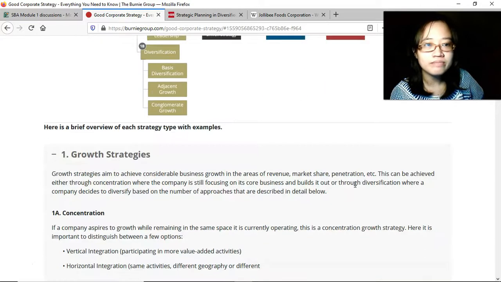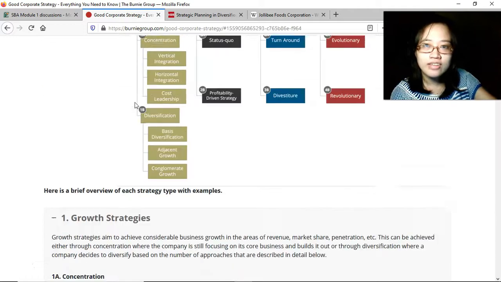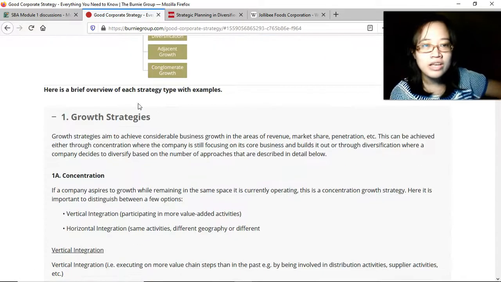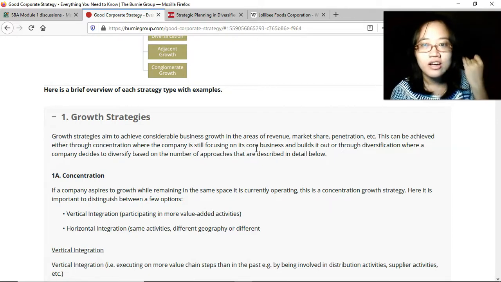All right. So here is an overview of each of these strategies given in the illustration. We have the growth strategies first. Growth strategies aim to achieve considerable business growth in the areas of revenue, market share, penetration, etc., among others.